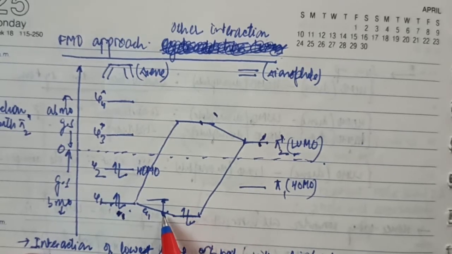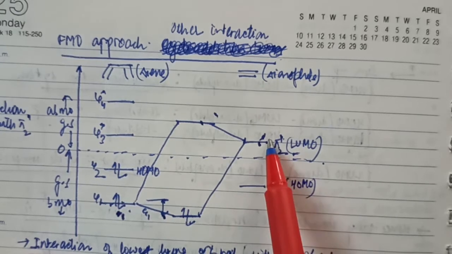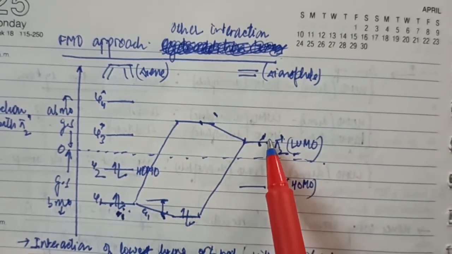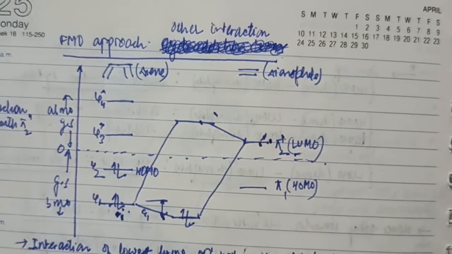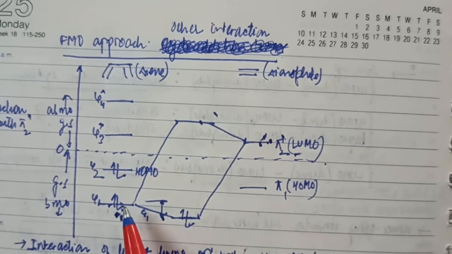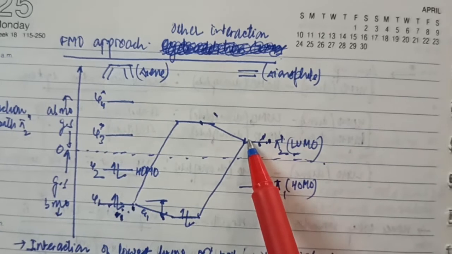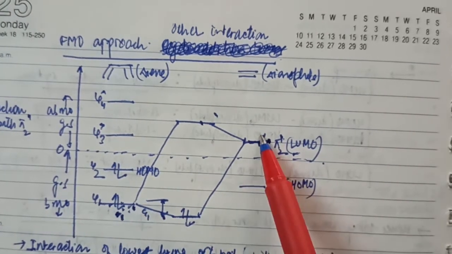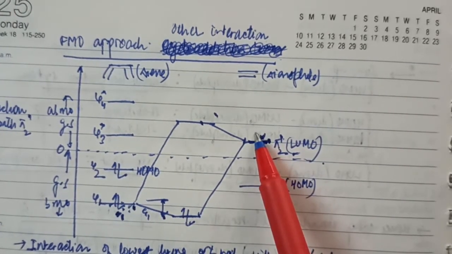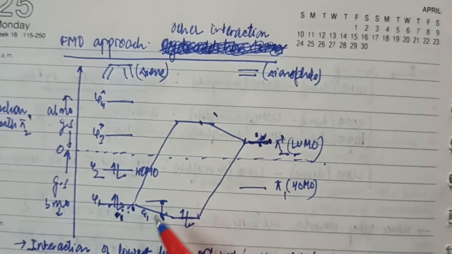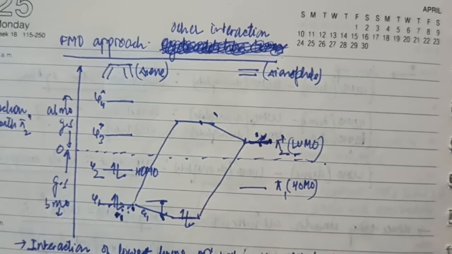Again, the extent of stabilization depends upon the extent of interaction of these two orbitals, and the extent of interaction depends upon their energy gap. When we consider the lower-lying orbital's interaction with the higher-lying orbital, the energy gap is large, and since the energy gap is large, the extent of stabilization or destabilization is also small.